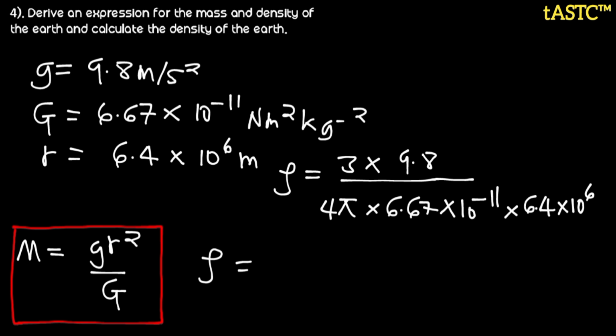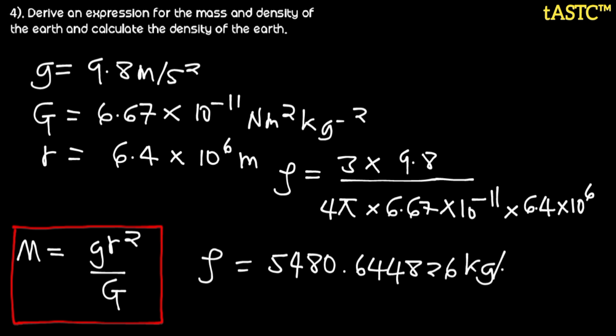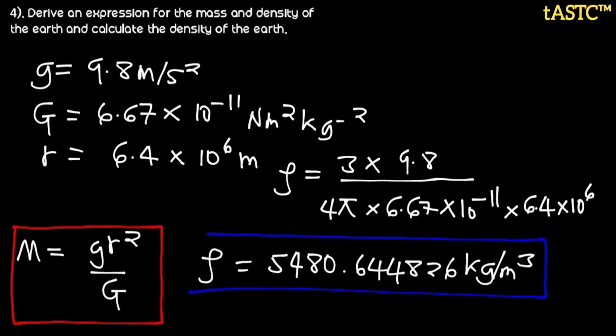So that gives you 5480.6448, that will be kilogram per meter cubed. So that is the answer that you got for the density of the Earth.